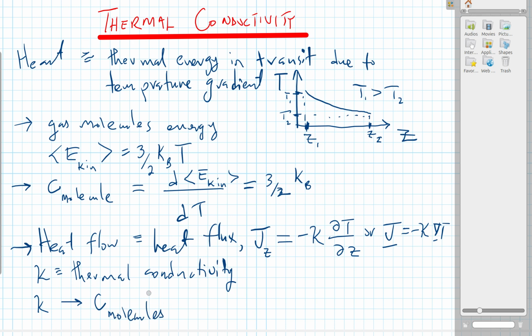Because heat capacity is what quantifies how energy changes with temperature, and here we're talking about heat flux and its change in temperature with respect to position. So let's see what the relationship between the thermal conductivity and heat capacity is going to be like. Let's go to the next page.